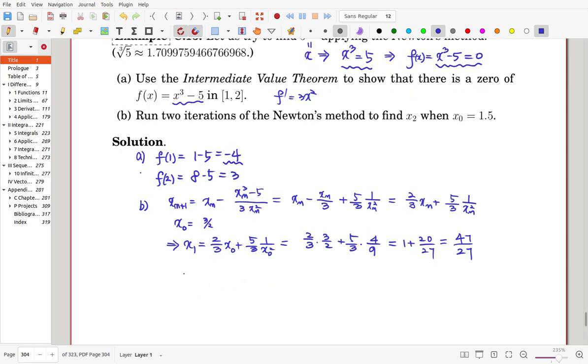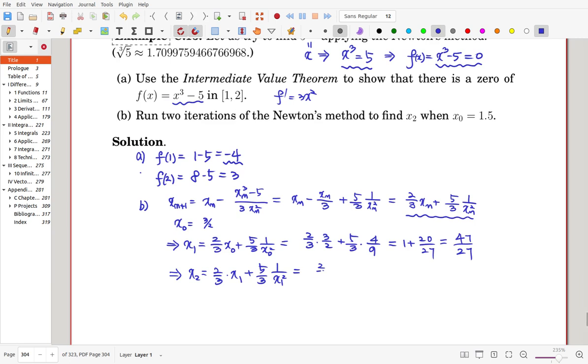Okay, we found x1. Now for x2, that is the formula here: 2 over 3 times x1 plus 5 over 3 times 1 over x1 squared.